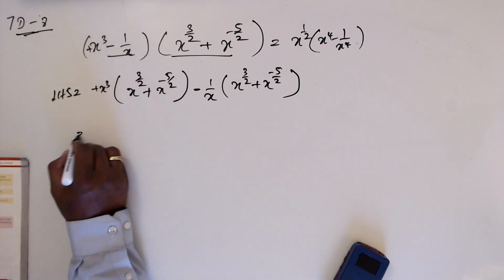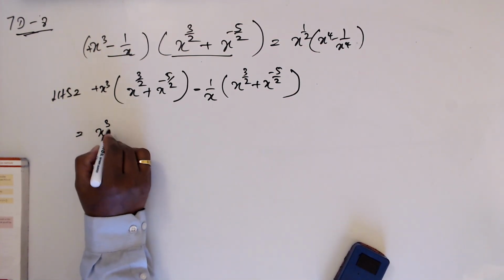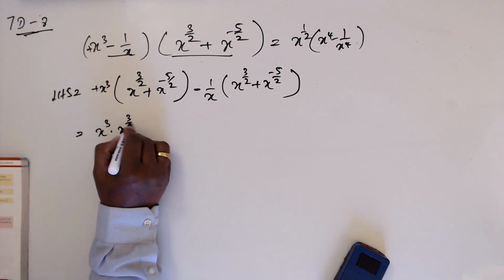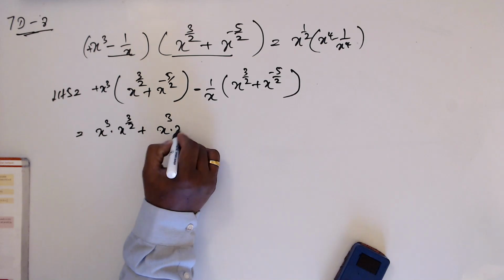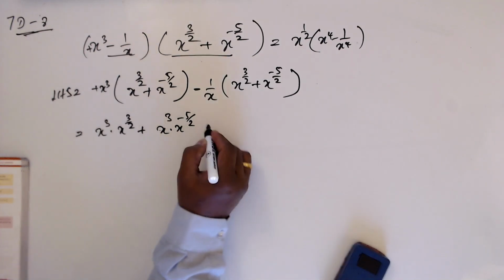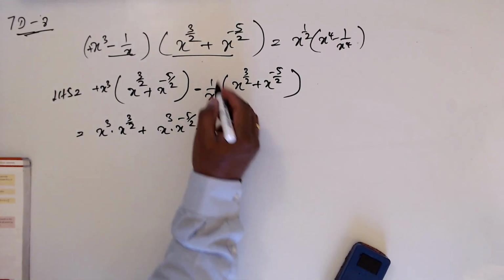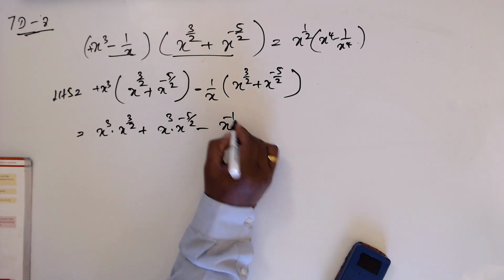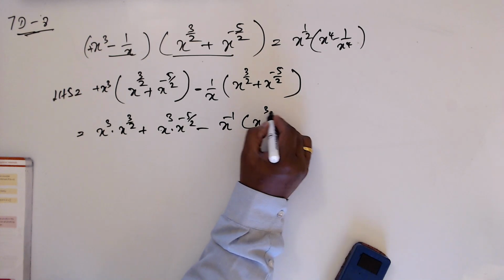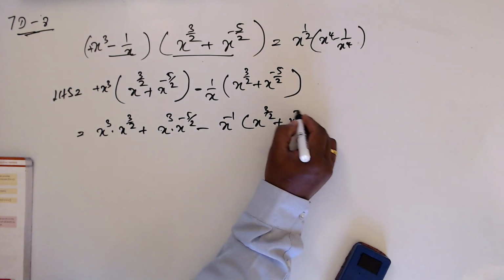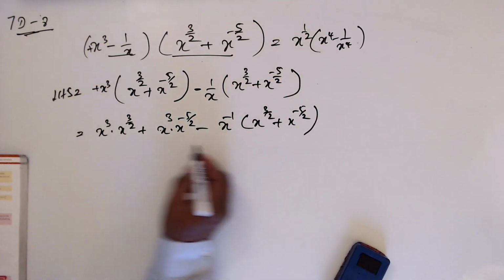This is going to be x cube times x to the 3 over 2 plus x cube times x to the minus 5 over 2 minus, okay, I'll bring this one up, x minus 1 times x to the 3 over 2 plus x to the minus 5 over 2.